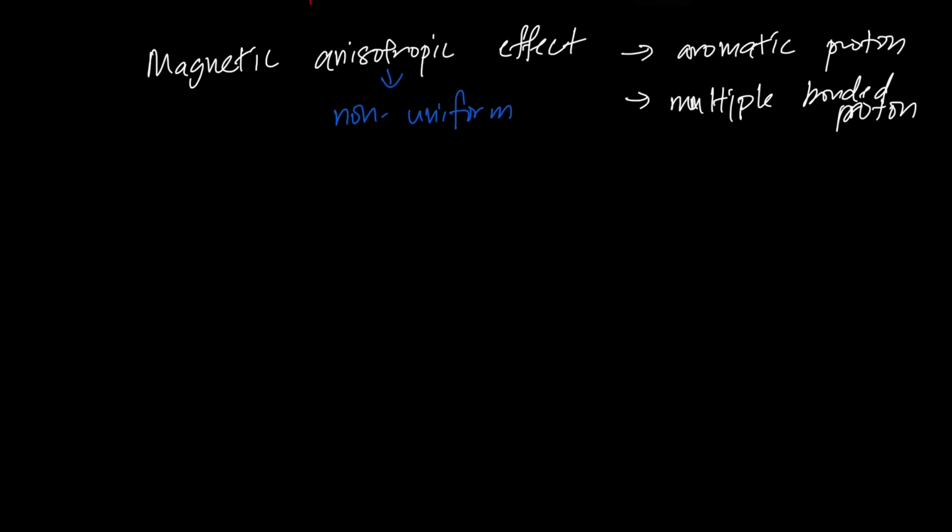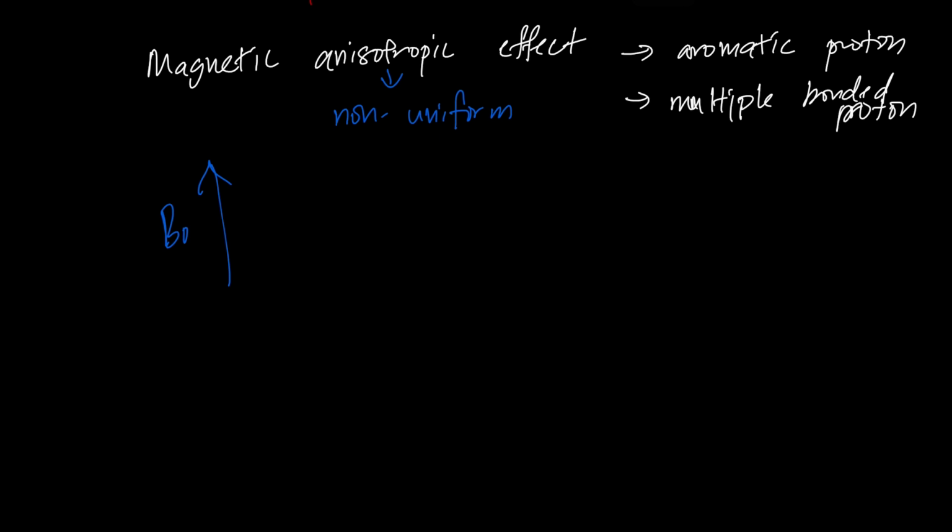For the aromatic proton, under the external magnetic field, let's say the magnetic field is in this direction, the aromatic compound will arrange itself to be perpendicular with the supply magnetic field.